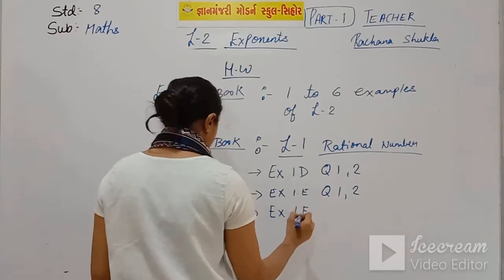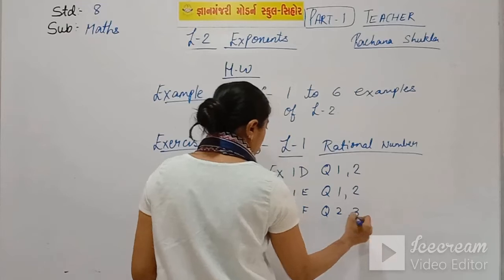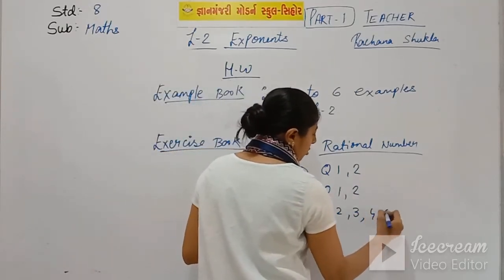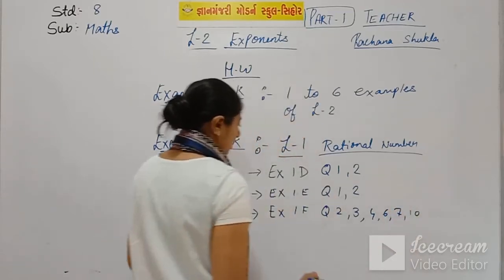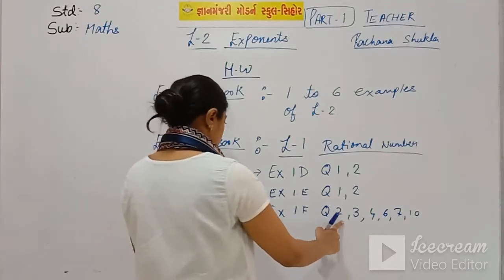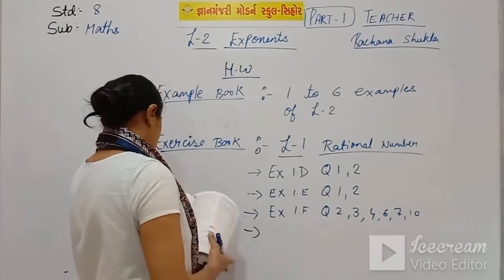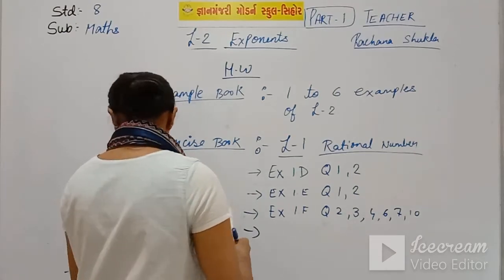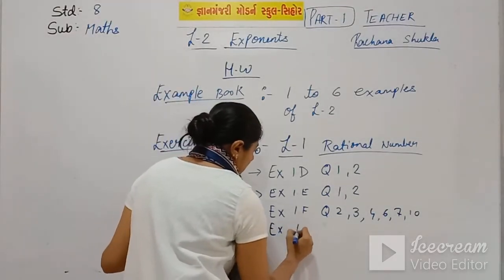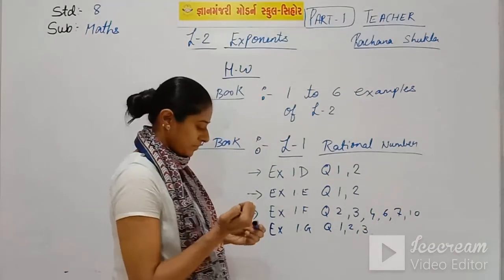Exercise 1F, question number 2, 3, 4, 6, 7 and 10. I repeat once again. Exercise 1F, number 2, 3, 4, 6, 7, 10 and exercise 1G, question number 1, 2 and 3.